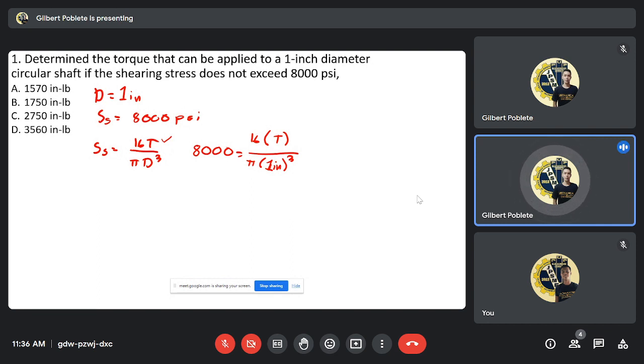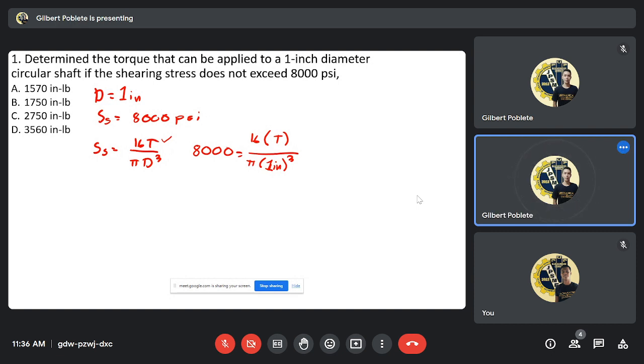So, meron tayong 8,000 equals 16T over pi times 1 raised to 3 cube.